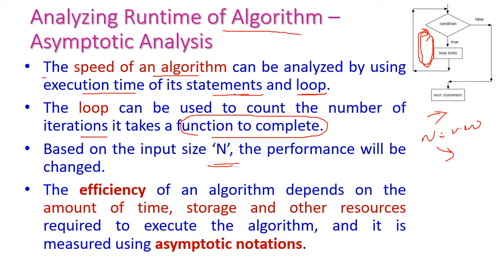That is, the efficiency of an algorithm depends on the amount of time, storage, and other resources required to execute the algorithm, and it is measured by using asymptotic notations. So based on the input size and the storage and other resources required, the efficiency will change.